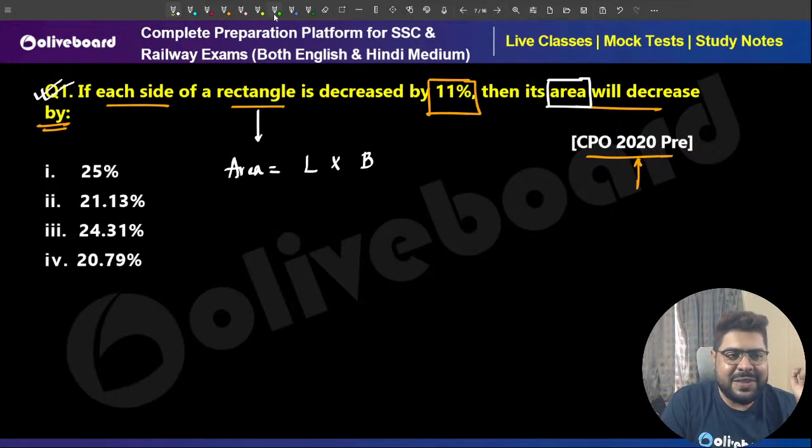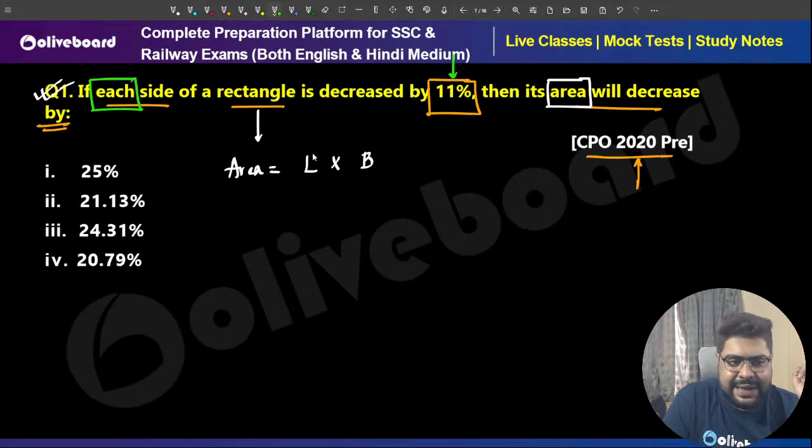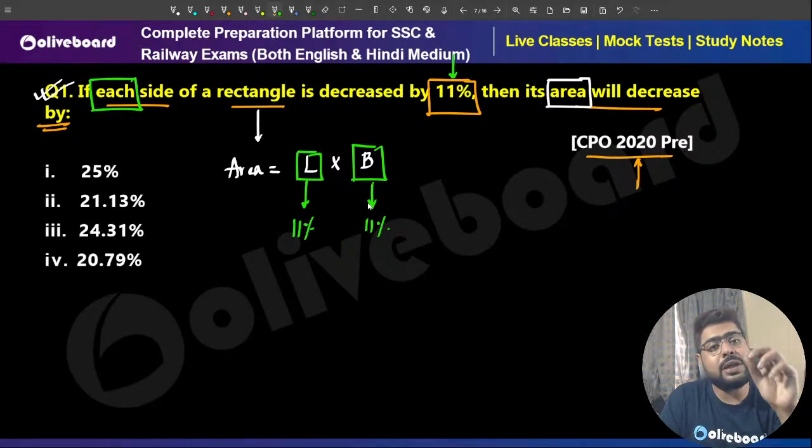One more thing. Now each of the sides has been decreased by 11%, meaning length has been decreased by 11% and breadth is also decreased by 11%. But both are decrements.